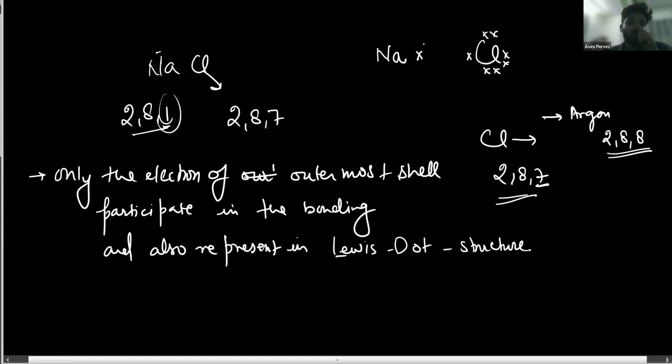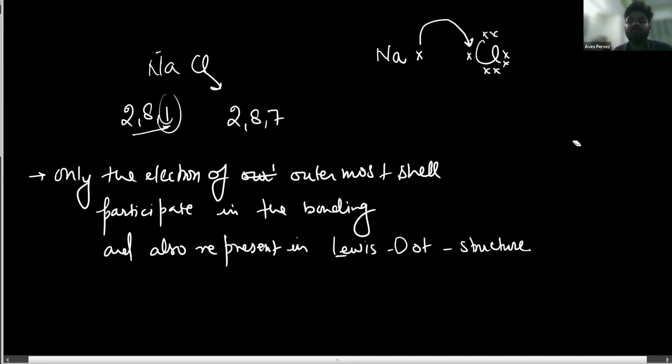So what is going to happen? Sodium is going to donate one of its electrons to the chlorine atom. And after donation, what would happen? Since sodium has donated one of its electrons, it will acquire a positive charge. Why will it acquire a positive charge? Because it is losing one of its electrons.